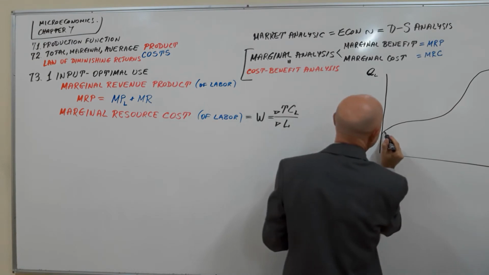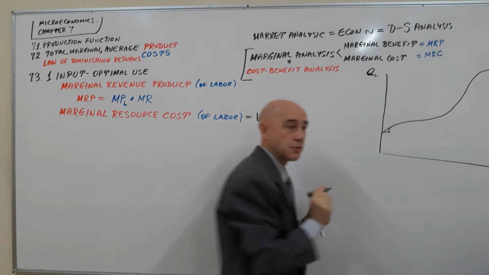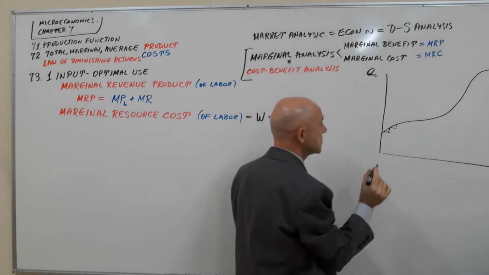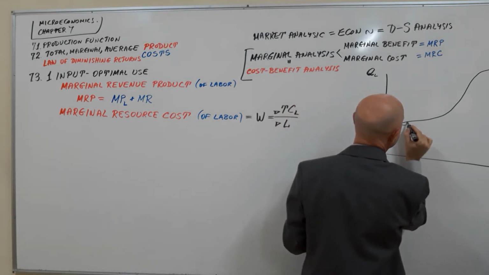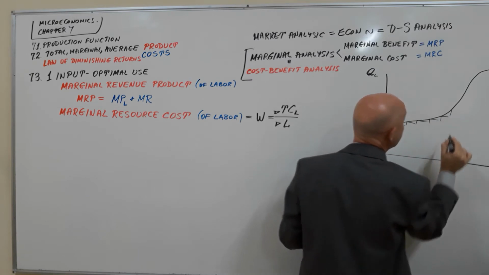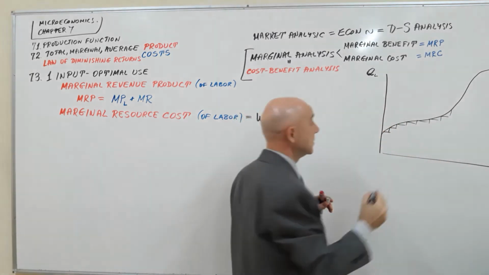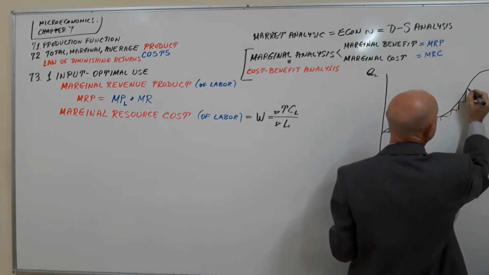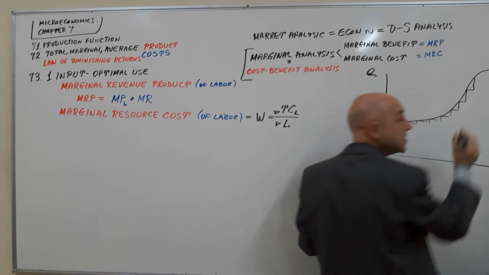At first, the product grows a little bit for one worker. For the second worker, it grows again. Now it begins to grow a lot, and then it grows even more.